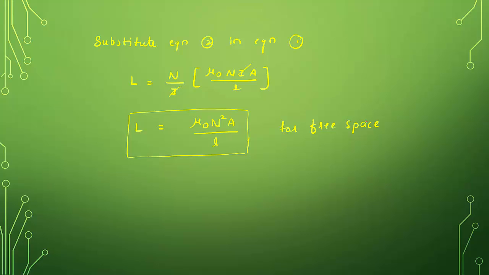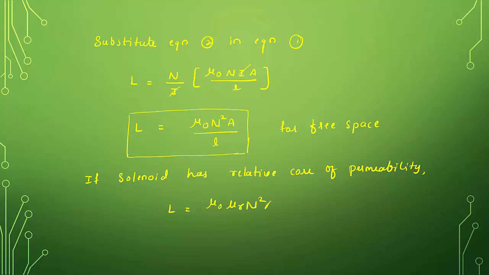Suppose the solenoid has a core of relative permeability, then the equation can be written as L equal to mu naught mu R N square A divided by L. This is for relative permeability. Is it clear?